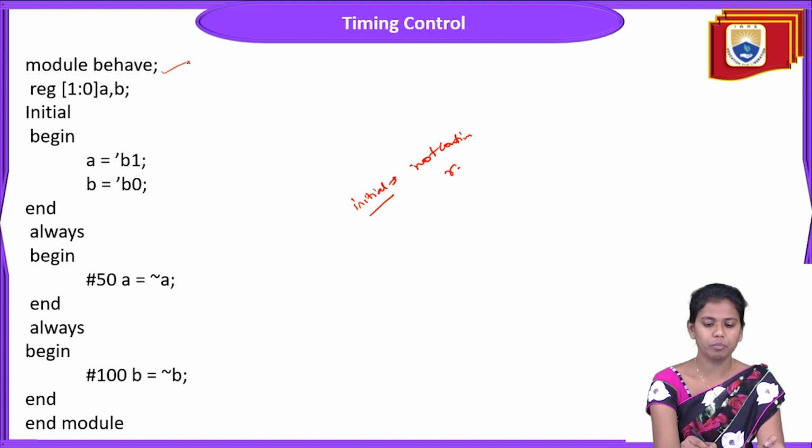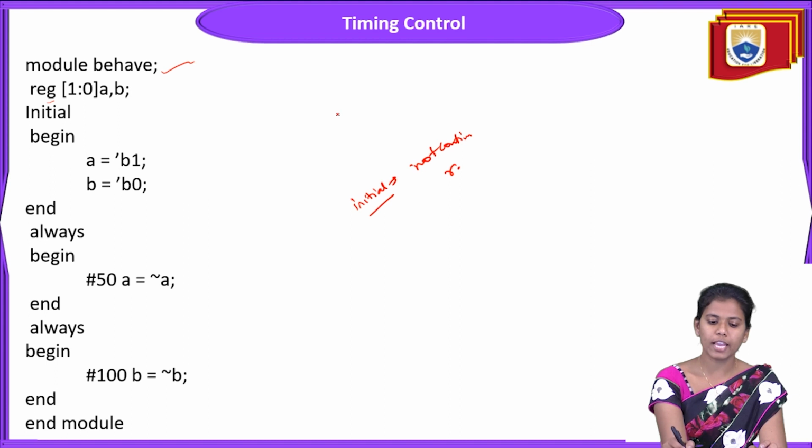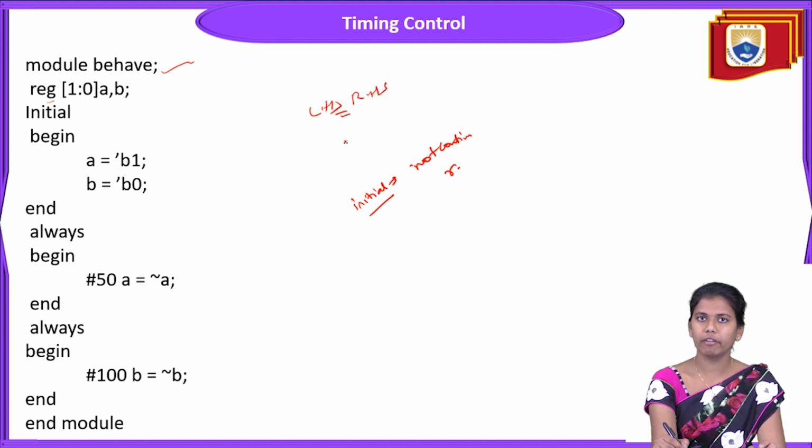So here, module behave, and register [1:0]. What does this register mean? Register, as I said to you, on the LHS we can denote the variables or the values with respect to the register nets. Nets could be of vector or scalar.